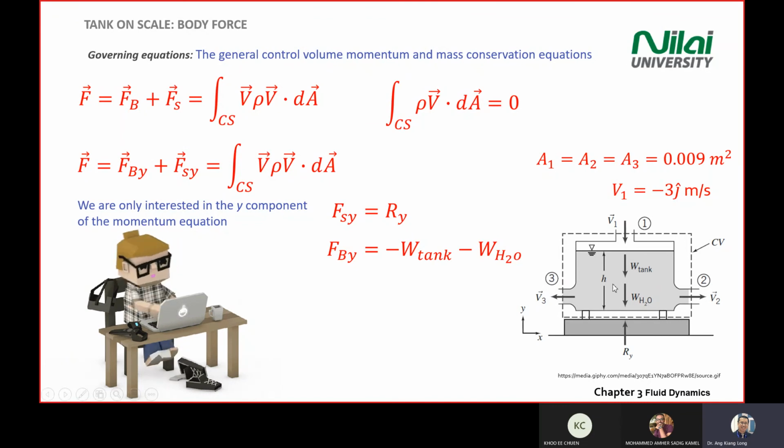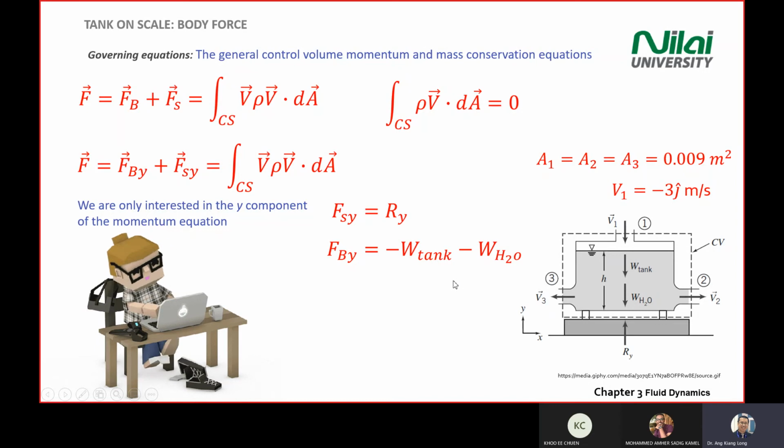There are only 2 things that have mass in the system here: your tank and your water. So your body force equals the weight of the tank and the weight of the water here. And the sign is negative, because the weight is pointing down, in the opposite direction of the y-axis.